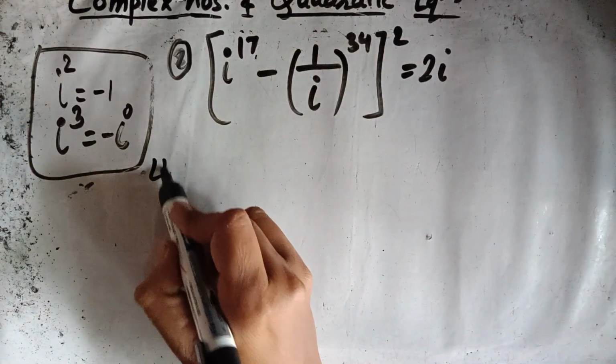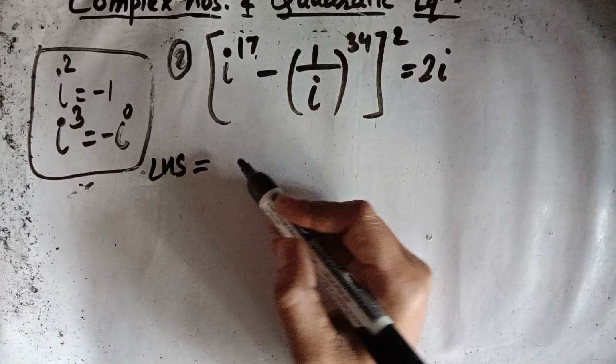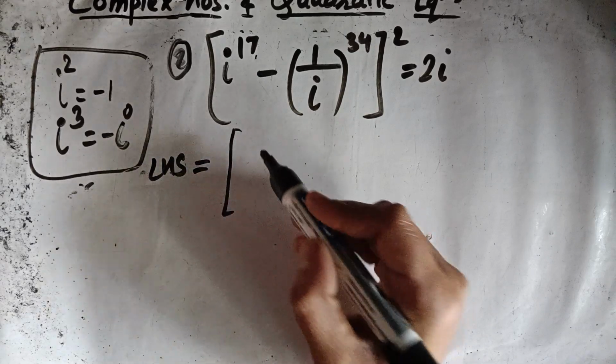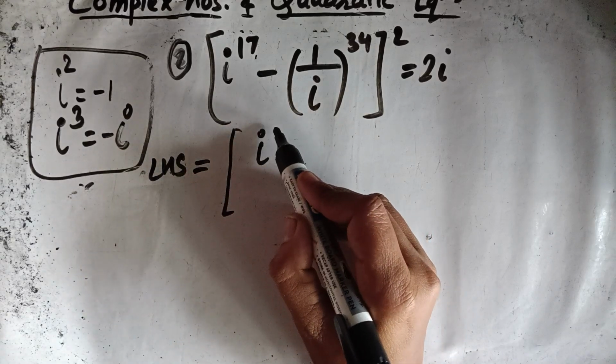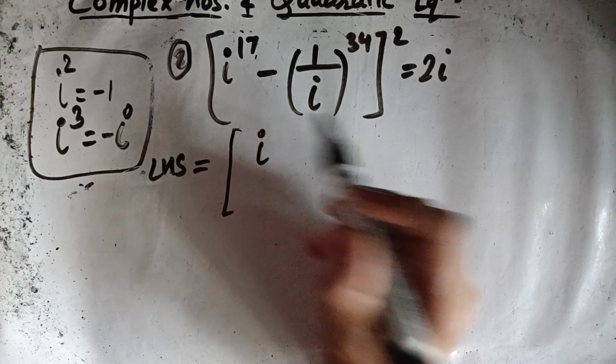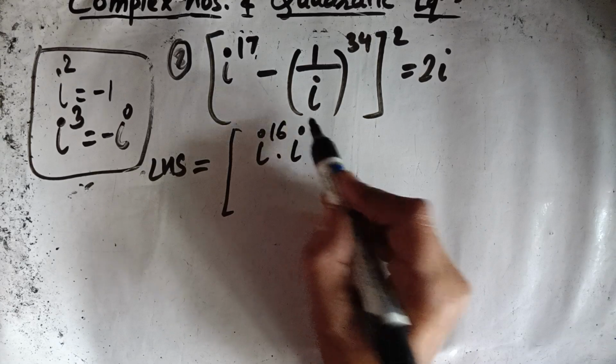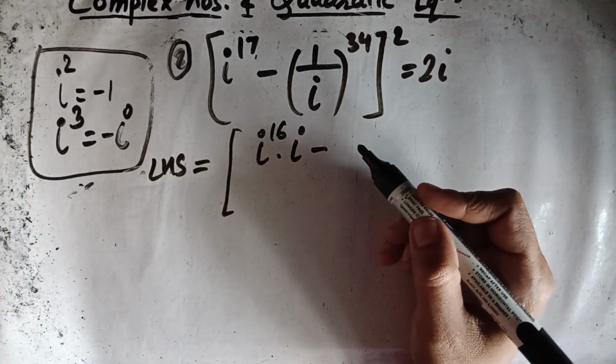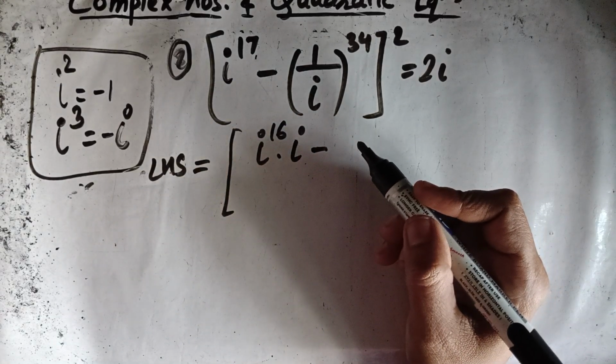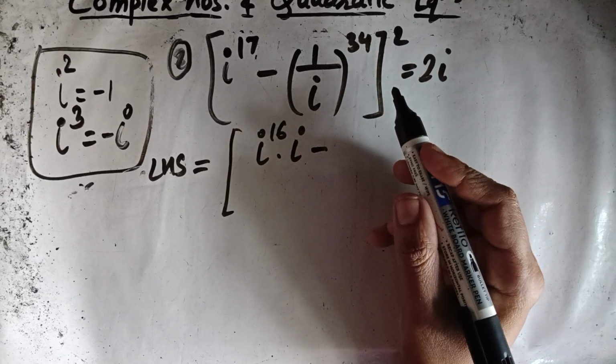Okay. Starting with LHS, this is i raised to 17, so we can write 16 into i, minus 1 upon i raised to 34.